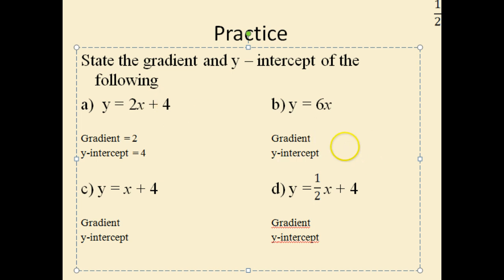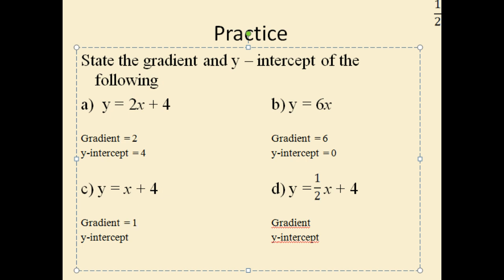Okay, in the second one, we have y equals 6x. So the gradient is 6, and the y-intercept, there's no number mentioned there, so it must be 0. And this one here, we have x plus 4, so the gradient is 1.